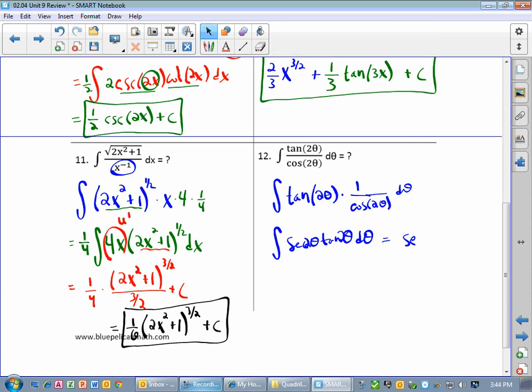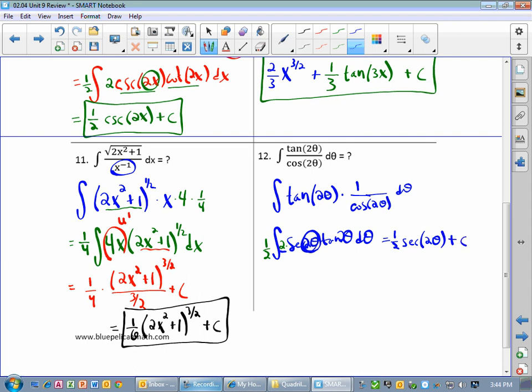So we need to be careful because we're missing the derivative. We're missing the 2 and the 1/2. And so our integral, because we want the derivative of the inside, needs to be right there. So we multiply by the reciprocal as well. So we get 1/2 times secant of 2 theta plus c.